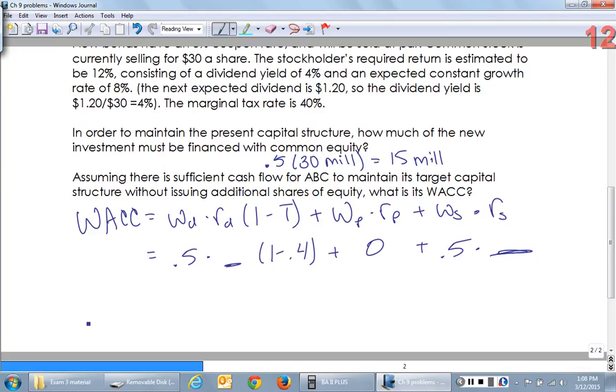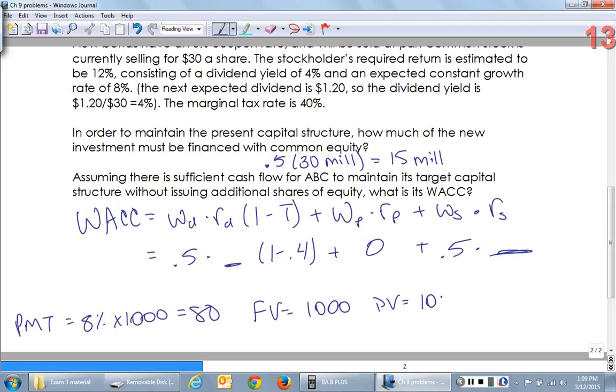So that means that the payment is 8% times 1,000. So that's $80. The future value is the par value of 1,000. The bond is trading at par, so that's 1,000.